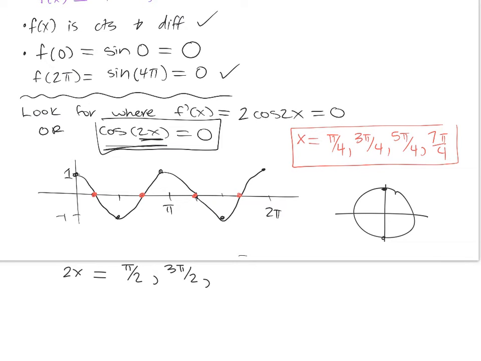And that would give you 5 pi halves and 7 pi halves. And then how do you get the x from that list? Divide by 2, and you're going to get x equals the same numbers we had up there. That's the way to do it if you want to not have to draw the picture.